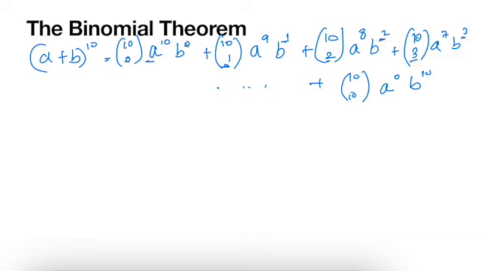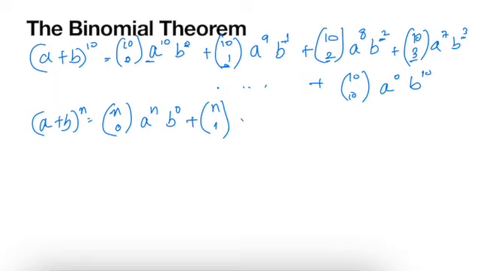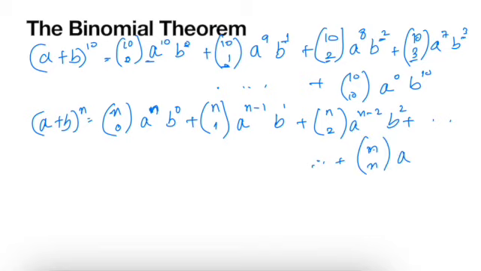Let's generalize this and write it for (a + b) to the power n. It will become nC0, it starts from nC0, a to the power n, b to the power 0, plus nC1 into a to the power n minus 1, because it keeps decreasing, remember, and b to the power 1, plus nC2, a to the power n minus 2, b to the power 2, plus it goes on and it becomes nCn, a to the power n minus n, b to the power n.